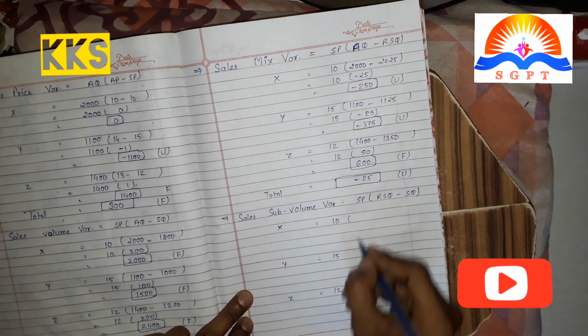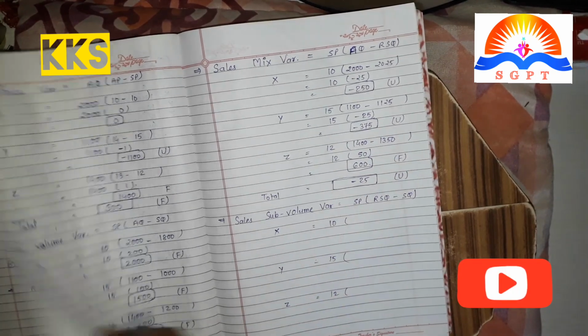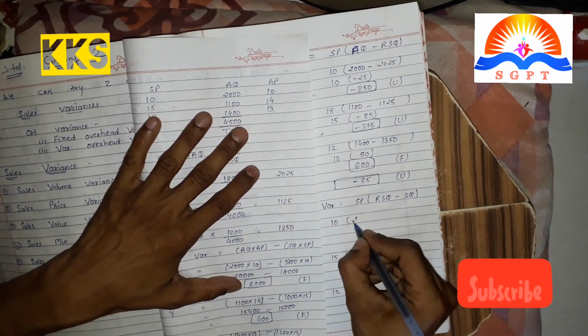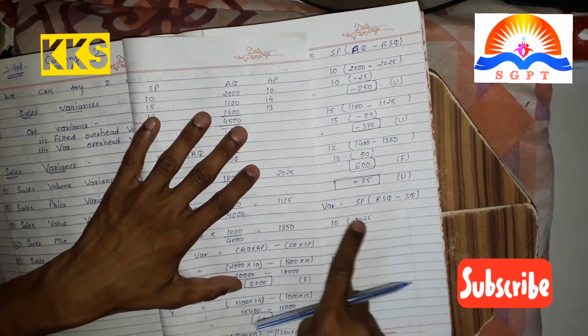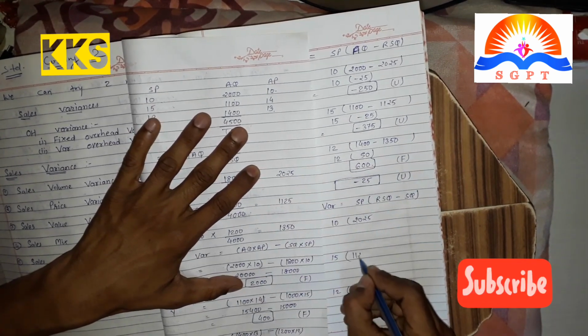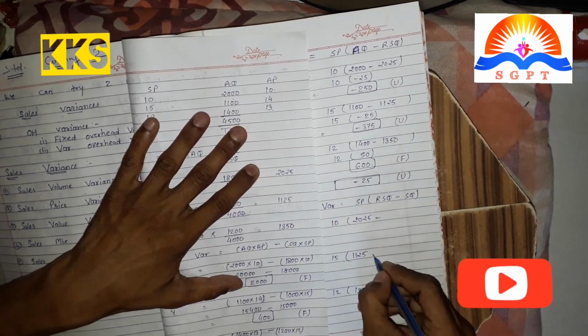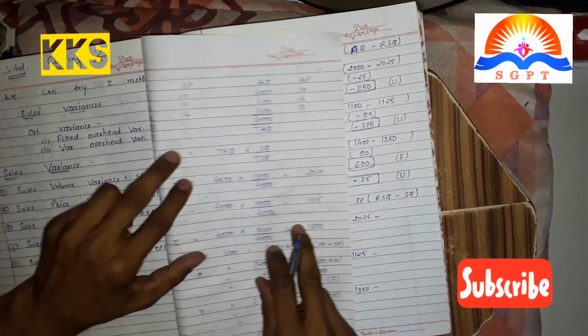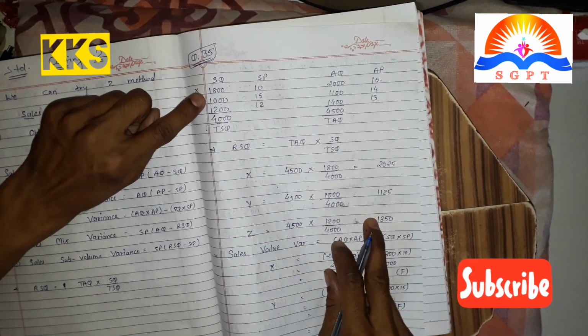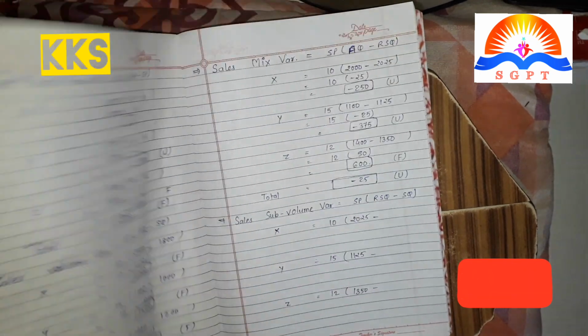RSQ: 2025, 1125 and 1350, minus SQ 1800, 1000, 1200.